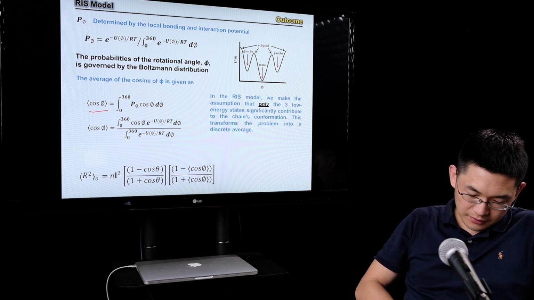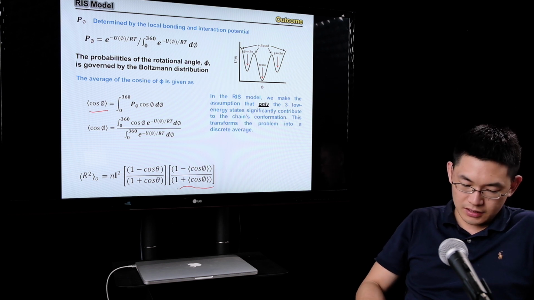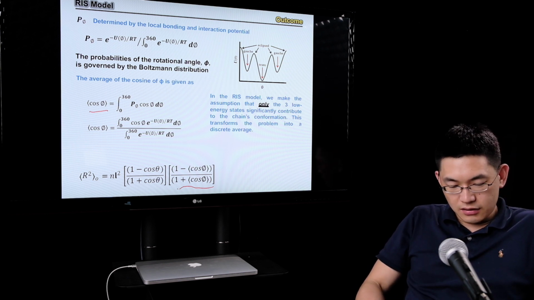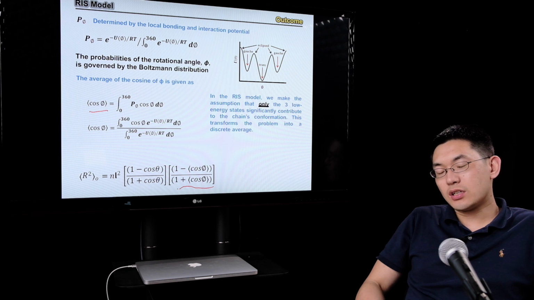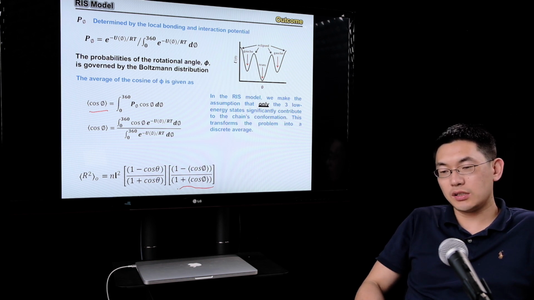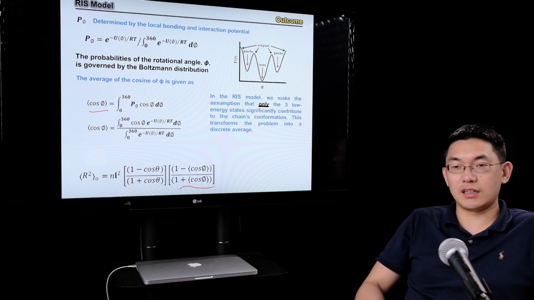We call it further expansion due to the rotation isomer states. Okay, so is it clear what this rotation isomer state is? It's basically an additional restriction compared to the free rotation chain, resulting in your chain apparently expanding. And how much they expand due to this rotation isomer state also, again, depends on this cosine phi angle.